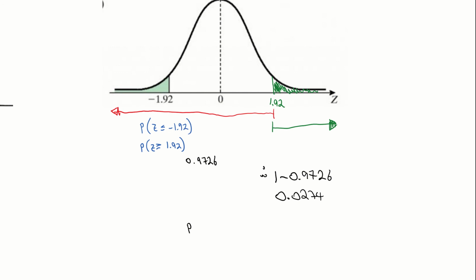Therefore, that's the same as the probability of z being less than or equal to minus 1.92 is equal to 0.0274. Because our graph is symmetrical, those regions are the same area. And that's why our log tables only work with the positives, because the negatives are just going to be the same answer.